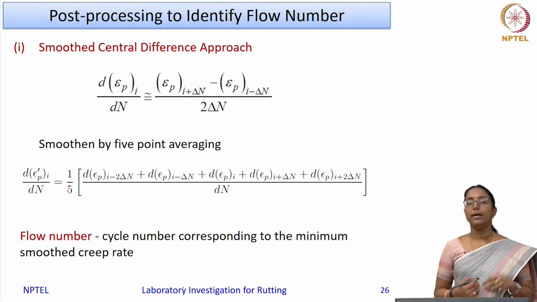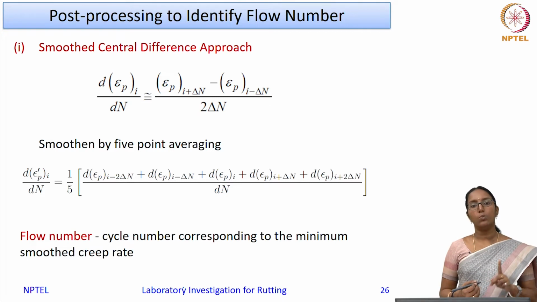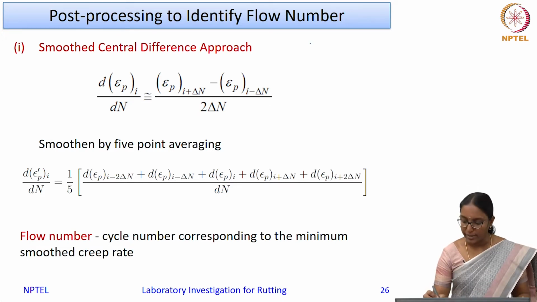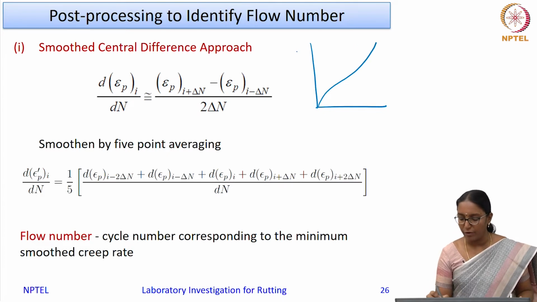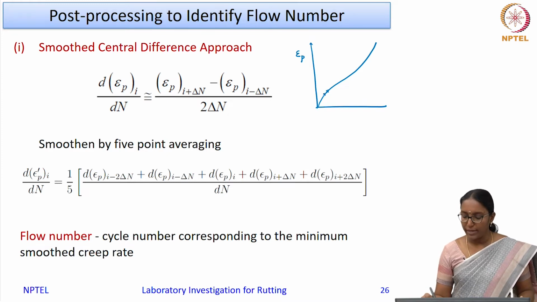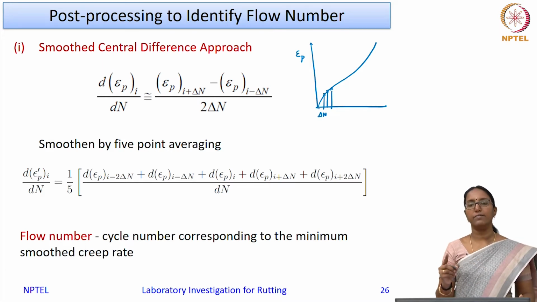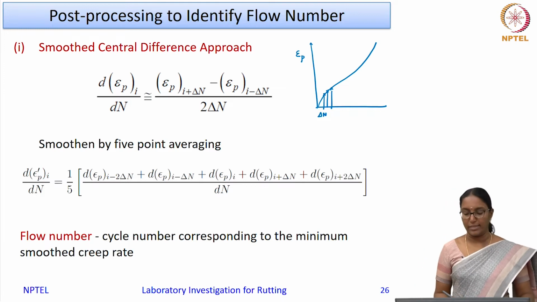What you do is that at every data point, you consider one point to the left and one point to the right. Say suppose this is my permanent deformation or the permanent strain. At every point, you choose one data point to the left and one to the right, and this delta n is the interval of every cycle.